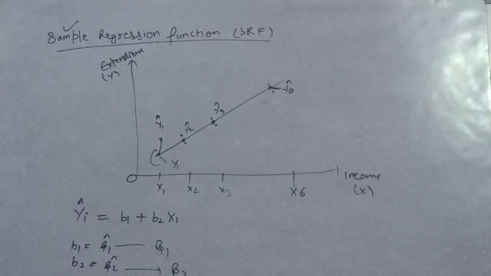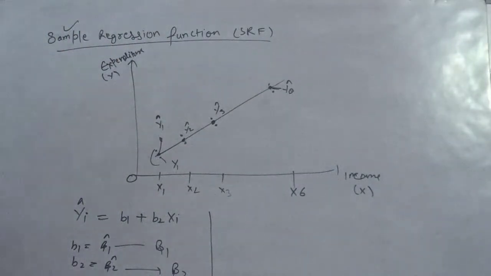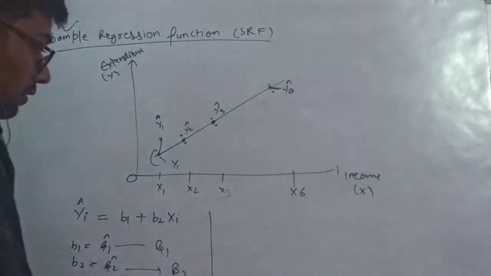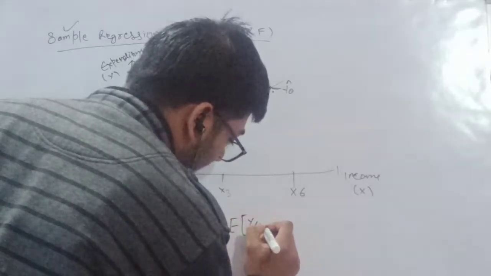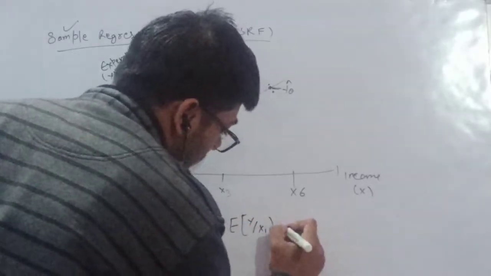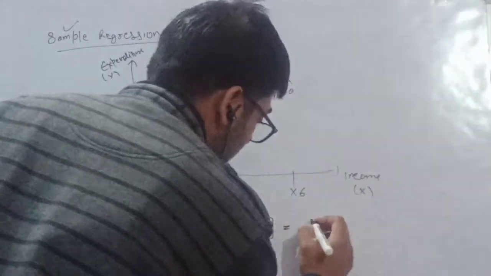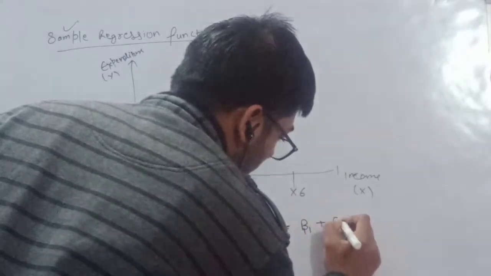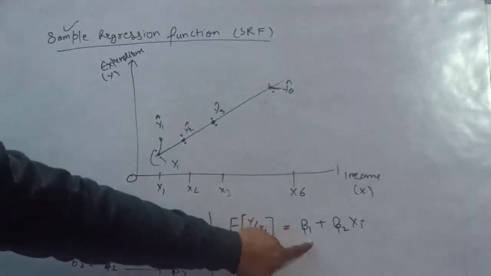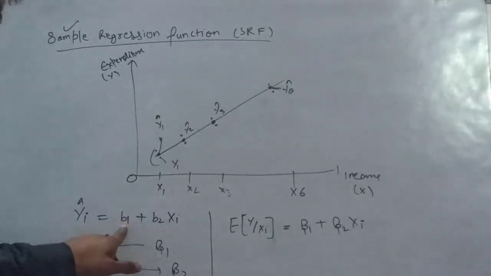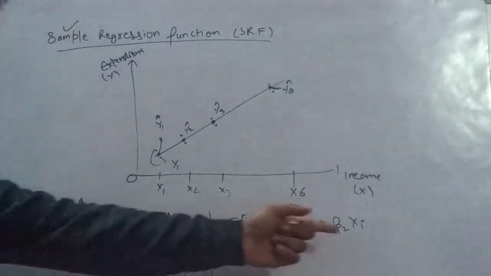Now can you please tell me the population regression function equation? That is the expectation of Y given Xi, Yi given Xi, you can write anything as you wish, is equal to beta 1 plus beta 2 Xi. Now here b1 is the estimator of beta 1, b2 is the estimator of beta 2, and Xi is as it is.